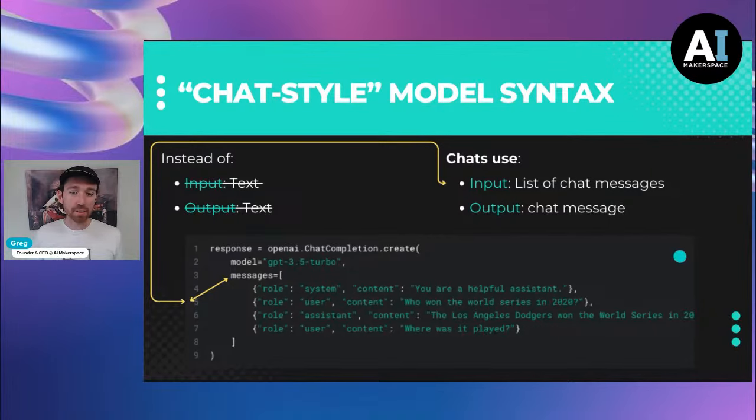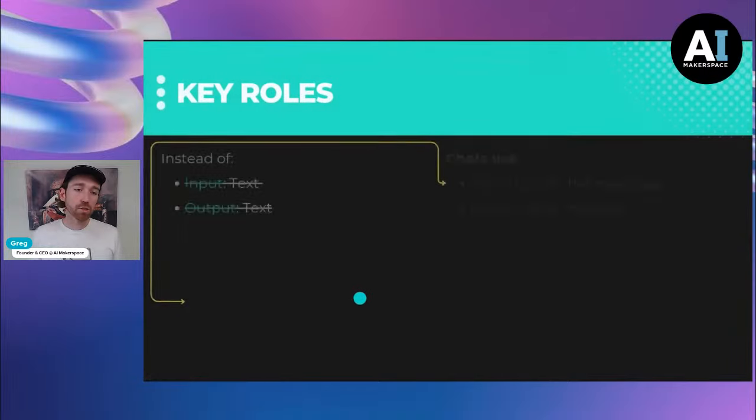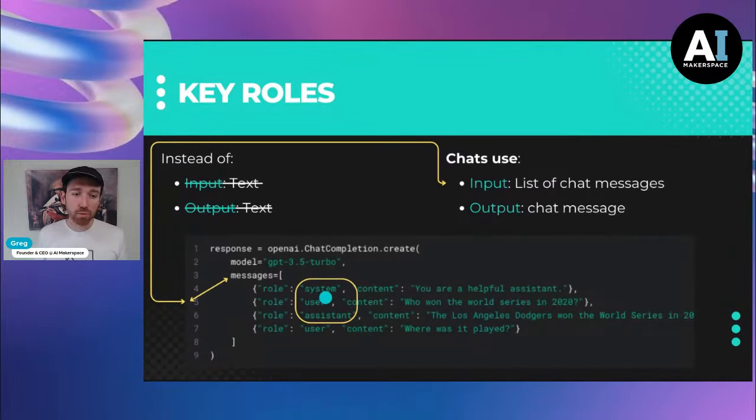So here's the classic example. If we look at the 3 different roles here, we've got the system level role, the user role, that's you or whoever's using your application, and the assistant role, that's either your ability to act as the assistant and give a one-shot, two-shot, few-shot set of examples, or this is actually the AI providing the next chat model response.